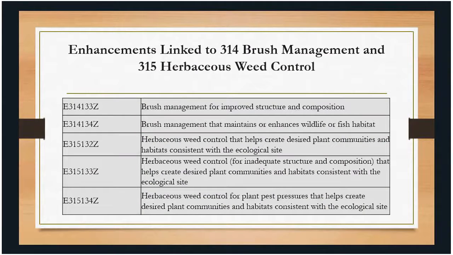Now, here's a list of the 5 practices or 5 enhancements that are tied to brush management and herbaceous weed control. There's only 2 that are tied to brush management and 3 that are tied to herbaceous weed control.